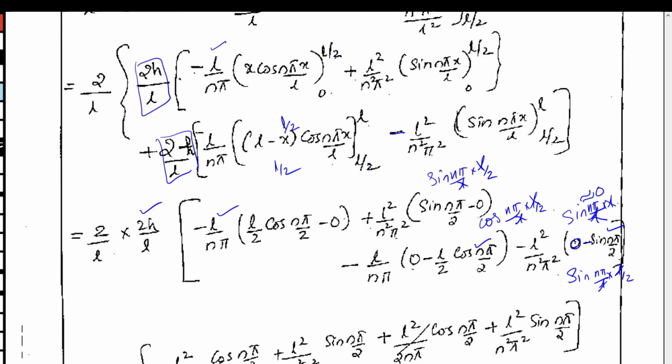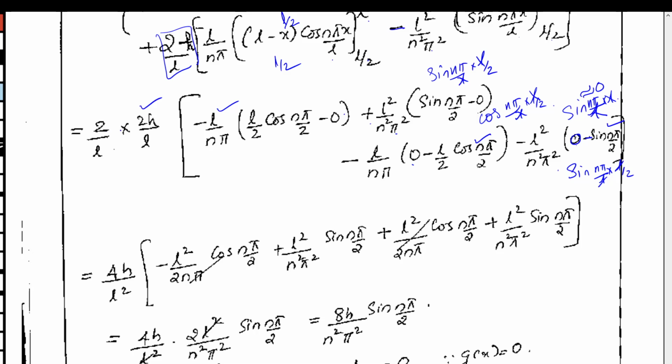Now let us simplify these terms. The product of all the constant terms becomes 4h by L square. Now the first term becomes minus L square by 2 n pi into cos n pi by 2, plus L square by n square pi square into sin n pi by 2, minus L by n pi into minus L by 2 becomes plus L square by 2 n pi into cos n pi by 2, minus into minus plus L square by n square pi square into sin n pi by 2.